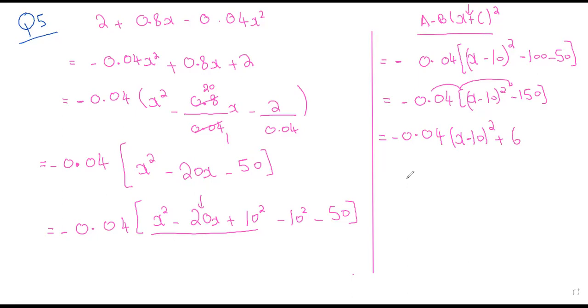Okay, now you will see how I am going to write this in the answer form. So it is 6 minus 0.04 x plus minus 10 squared. This is the answer. The only thing is that their C would be a negative number, minus 10.